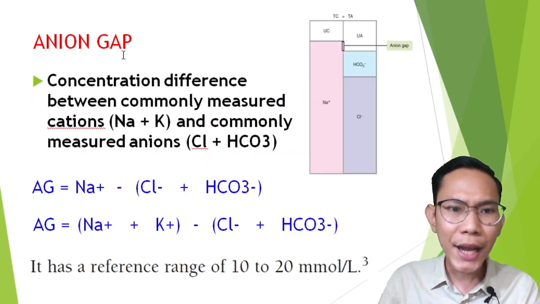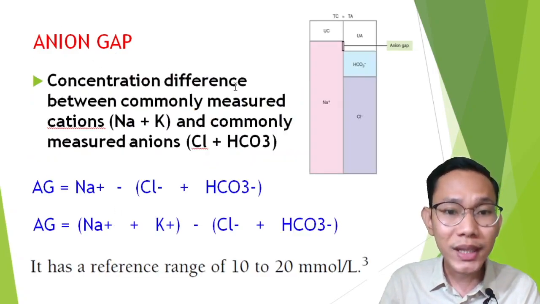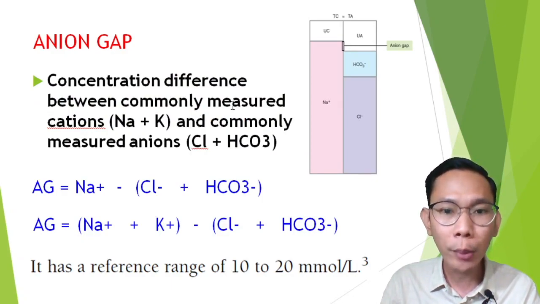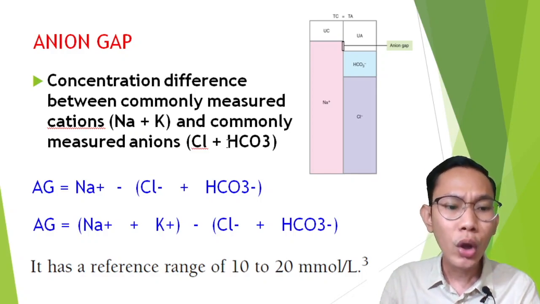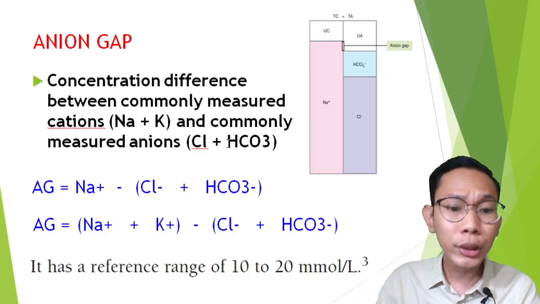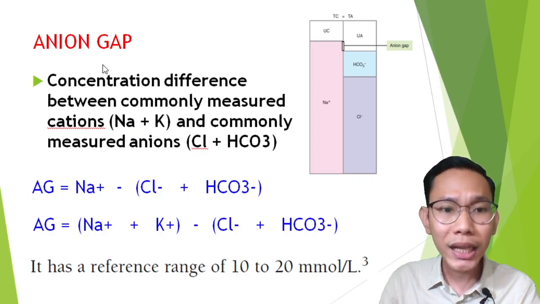So your anion gap is basically the concentration difference between commonly measured cations and anions. So, ano yung commonly measured cations natin? We have your sodium and your potassium. And your commonly measured anions, we have your chloride and your bicarbonate. So, there are only two commonly used methods for calculating your anion gap. So, this one or this one, depending kung anong given or makikita natin.